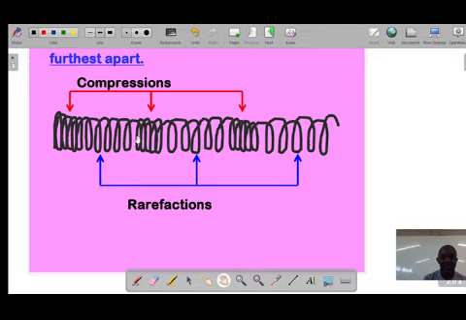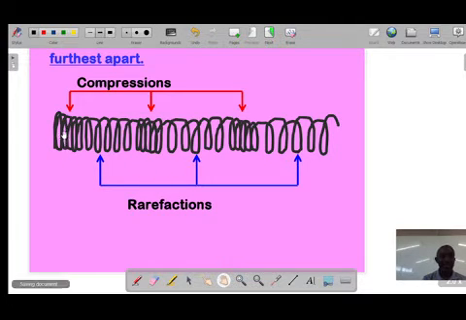What is causing this compression and the spreading apart of the spring particles is the movement of the wave. If this wave is being pushed and pulled horizontally, it's going to form regions where some of the particles are compressed and others are far from each other.